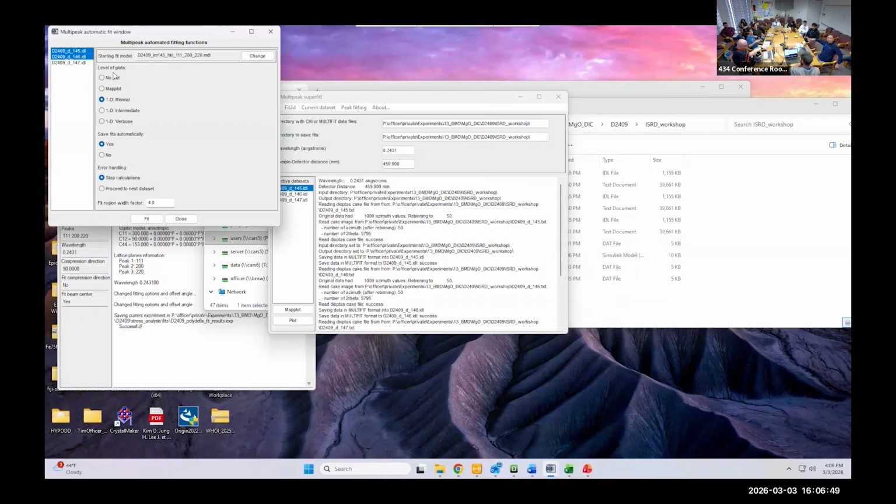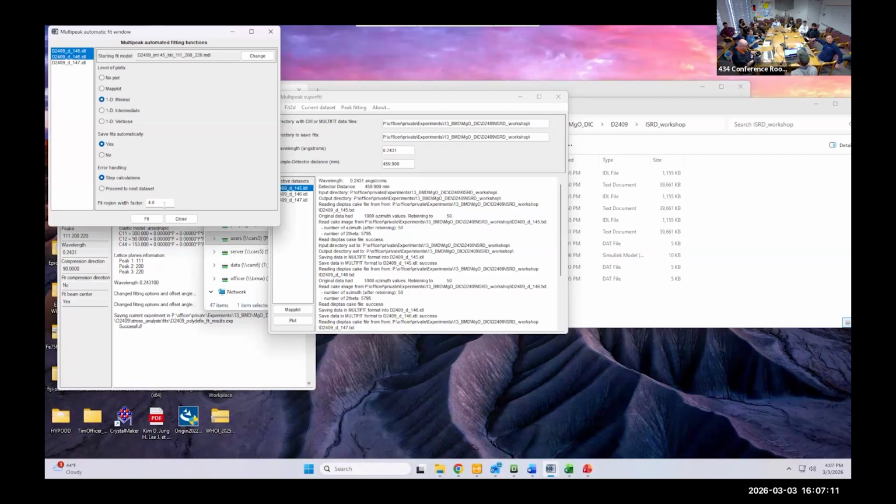No plot is much faster for the computer to run. I'll just do 1D minimal for now, but if everything is working really well, you may not even need to look at the data being fit. But if it's not working well, you might have to slow down and watch it and fiddle with parameters and things.